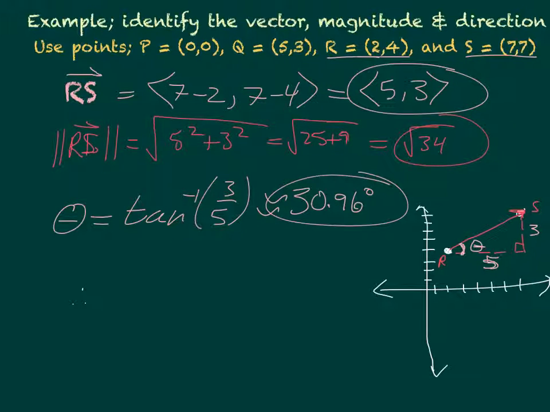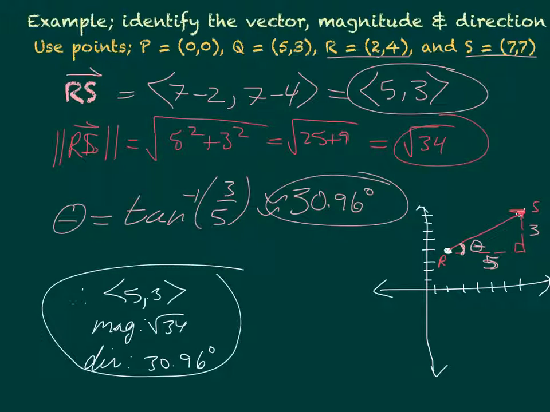So that means that we have our vector 5, 3, which was the same as the one before, so everything else should be the same. The magnitude was square root of 34, and my direction was 30 degrees, or 30.96 degrees. So that's your final answer.